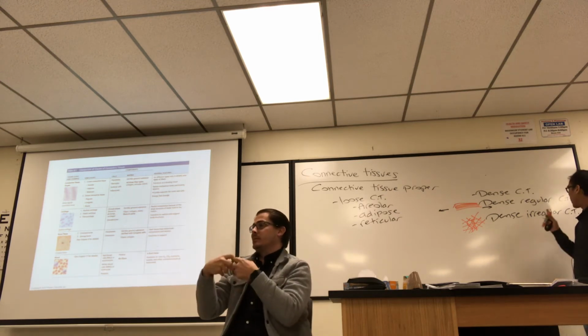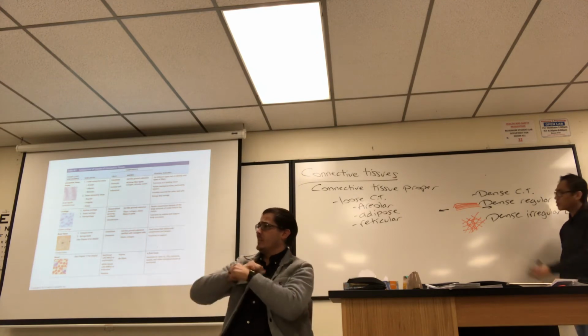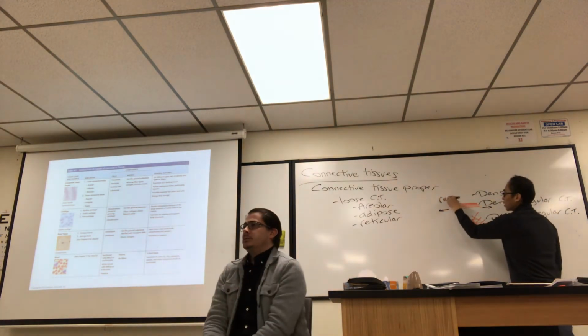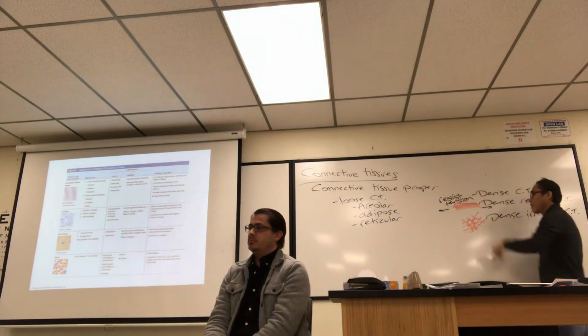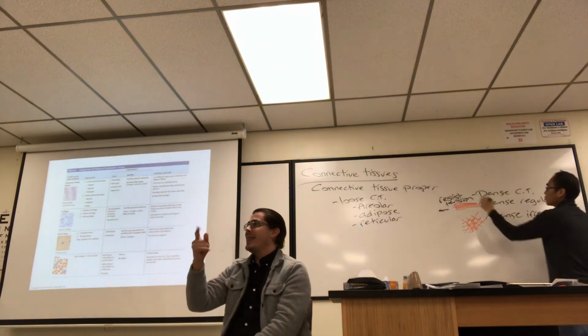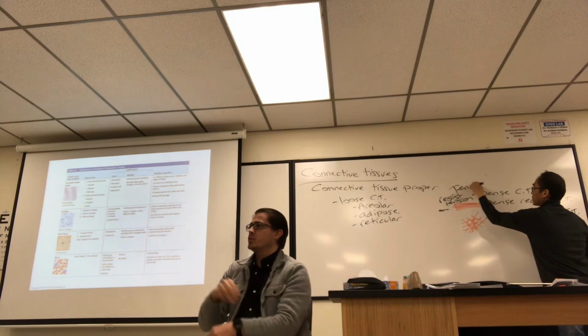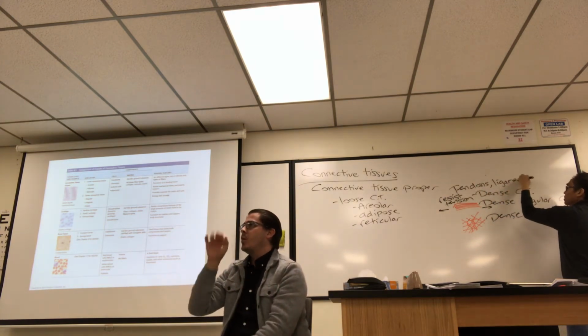So dense regular connective tissues are very good at resisting tension. A good example of that is our tendons and ligaments, which move your joints when you contract your muscles. We'll look at pictures of those.